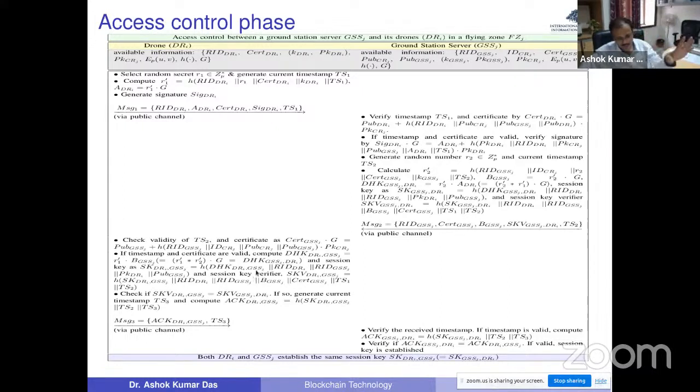Due to that, even if the temporal or random secrets are compromised, unless the permanent secrets, that means the KD or other things, are compromised, the attacker cannot compromise the session key of any drone. So even under the CK adversary model, the scheme offers stronger security as compared to previous existing solutions.